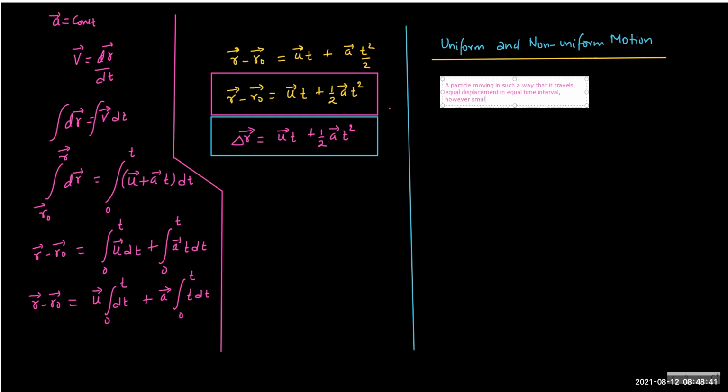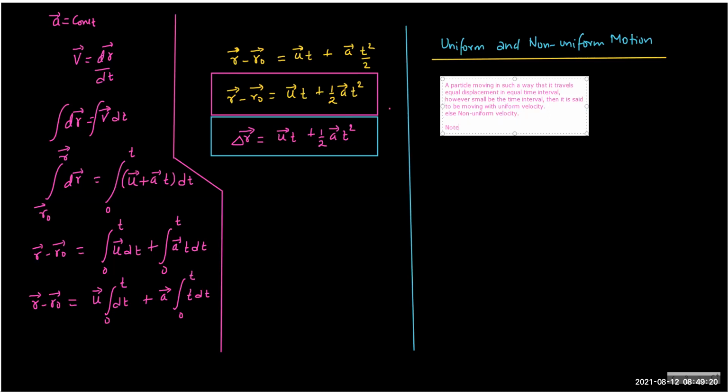However small be the time interval. So a particle moving in such a way that it travels equal displacement in equal time interval, however small the time interval, then it is said to be moving with uniform velocity. Else, non-uniform velocity.